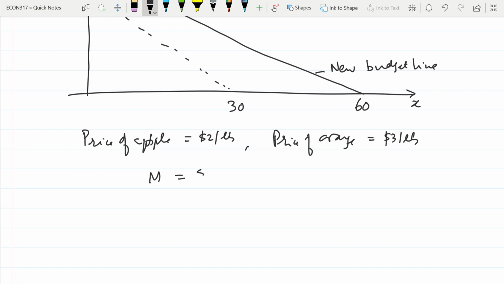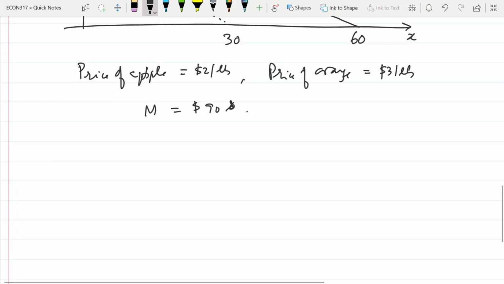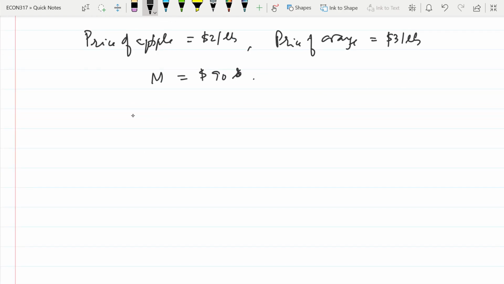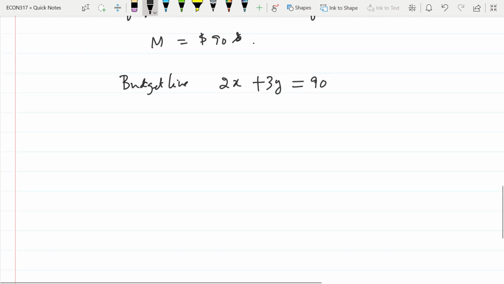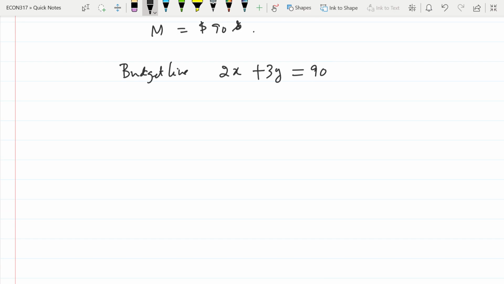Let's consider this has gone up to $90, which means now the budget line would be 2 times X, this is the money spent on buying apple, 3 times Y, this is the money spent on buying orange, and then we have $90 at hand. So 2X plus 3Y equal to 90 is the new budget line.